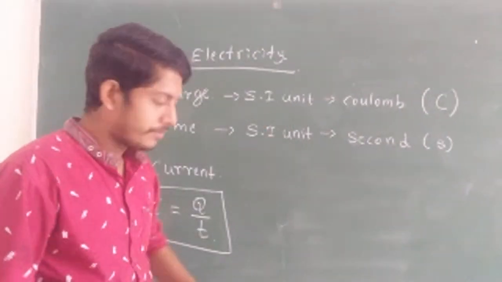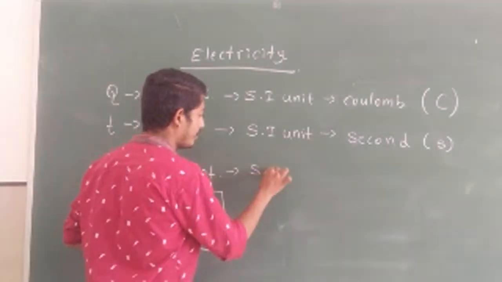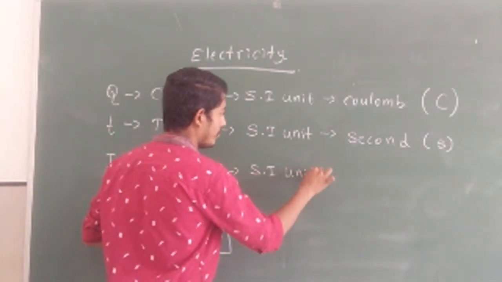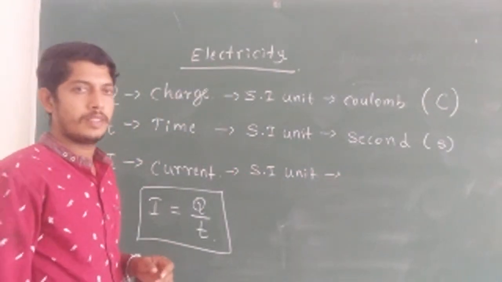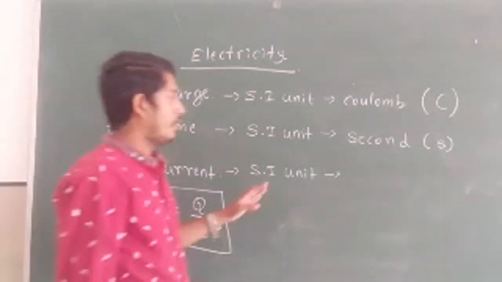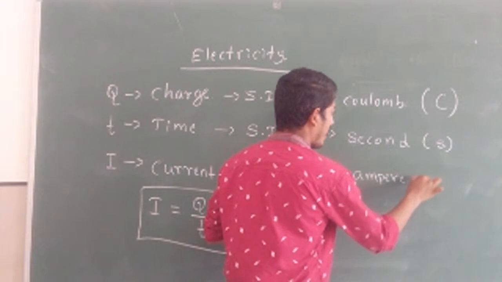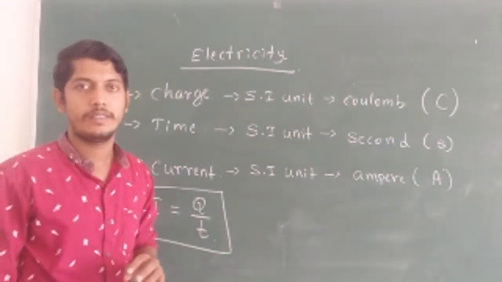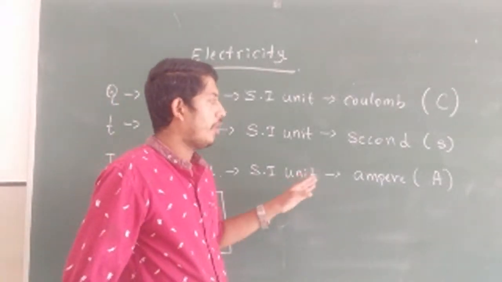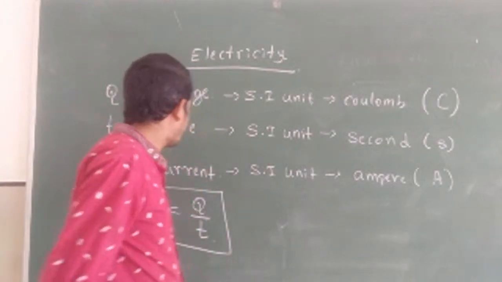And then the current. What is the SI unit of current? Current means ampere, or capital letter A. That is the SI unit of current.